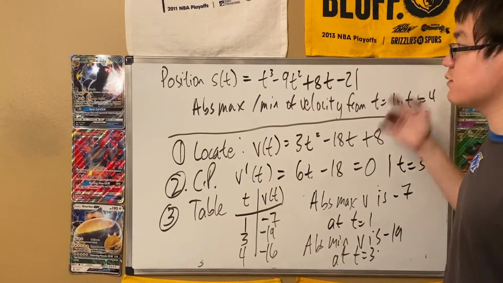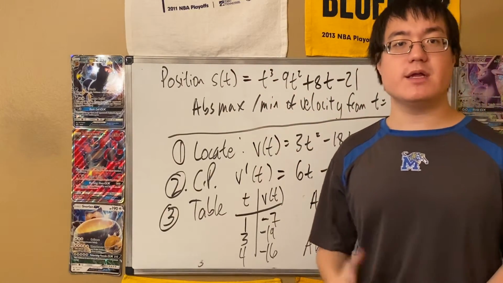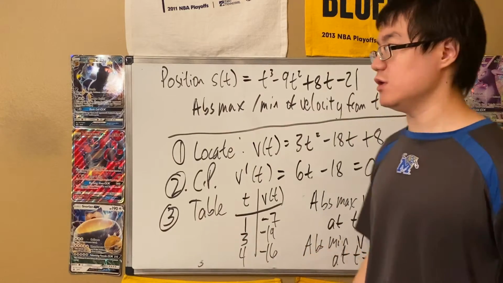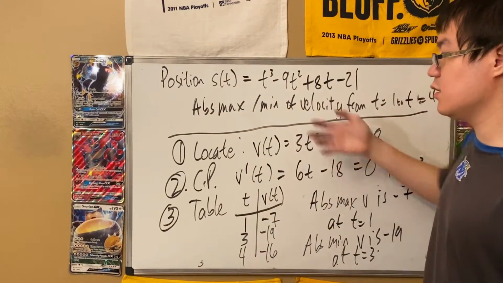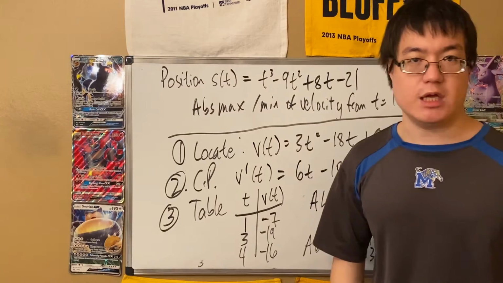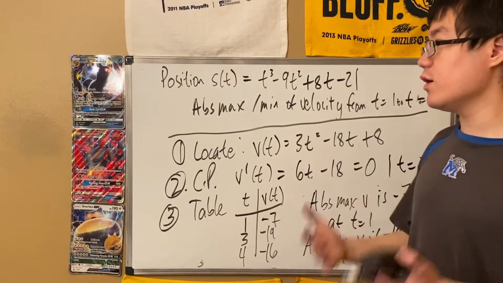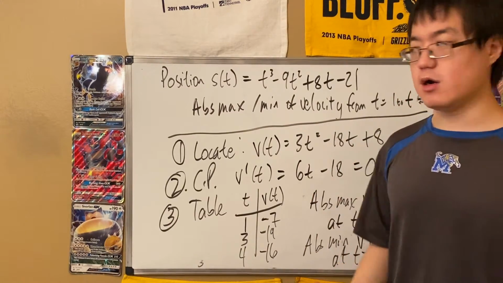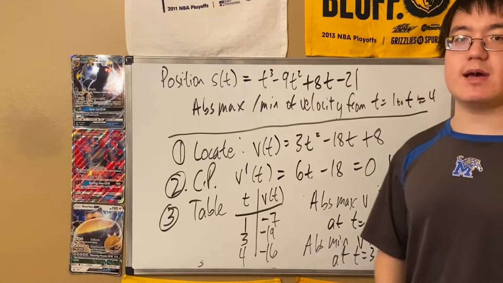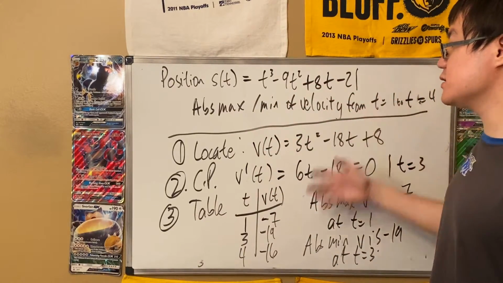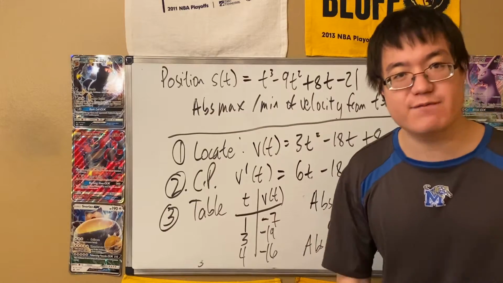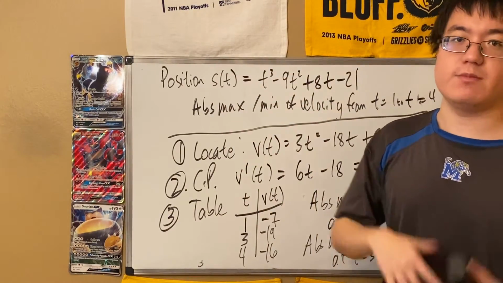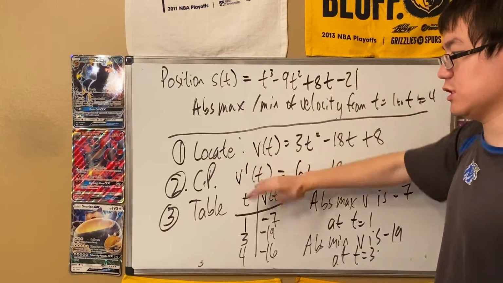So they see this nice function of position and they immediately try to find the max or min of position. So they'll write the position right here, they'll take the derivative, and they'll try to draw the table. But that's not correct. What you need to be very, very aware of is what are you taking the absolute max or min of. In this case, velocity. So my very first step is find velocity, and I don't need the position anymore for the rest of the question. So it's just the process.